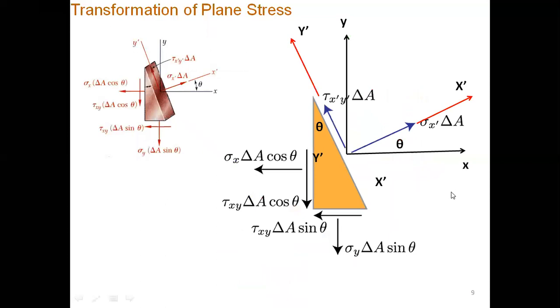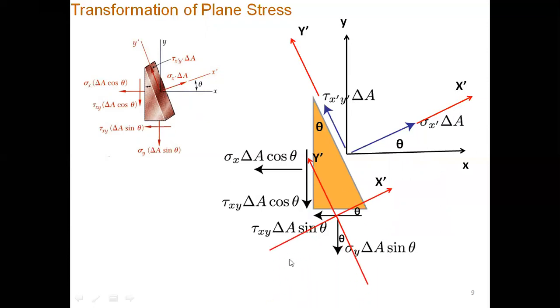So this is our wedge stress element, and if we look at the wedge shape from the front in this direction, it would be a right angle triangle. So from the front you would see a right angle triangle, and you could see all these stress components or force components here.